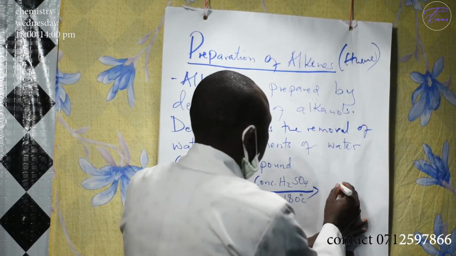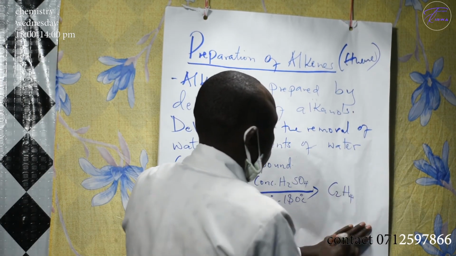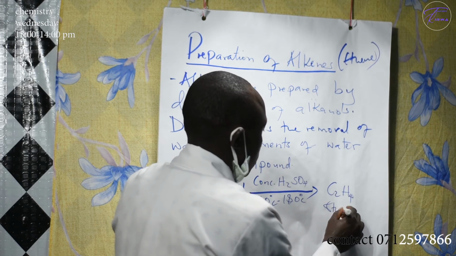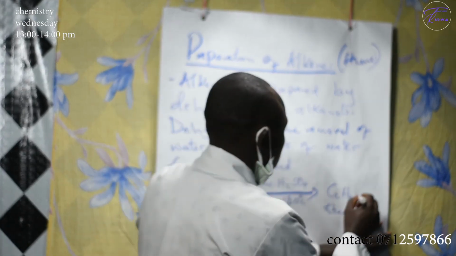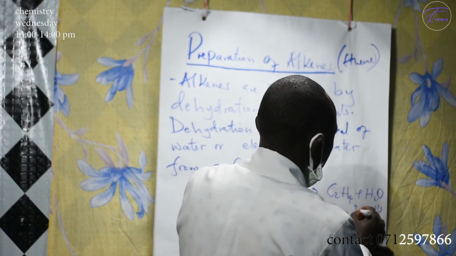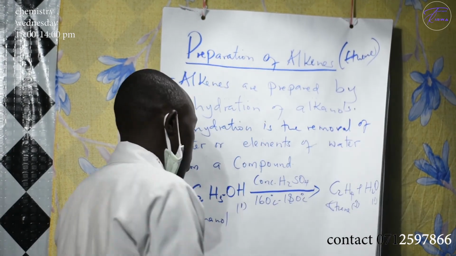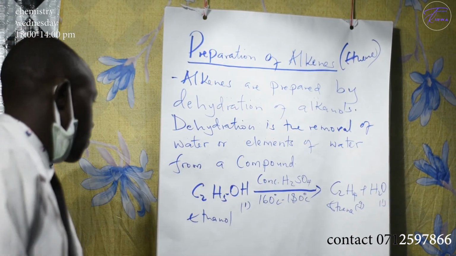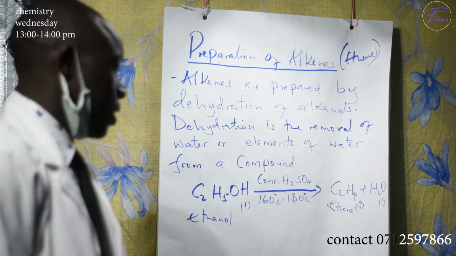You have C2H4, this is ethene, and water. So that is what we have.